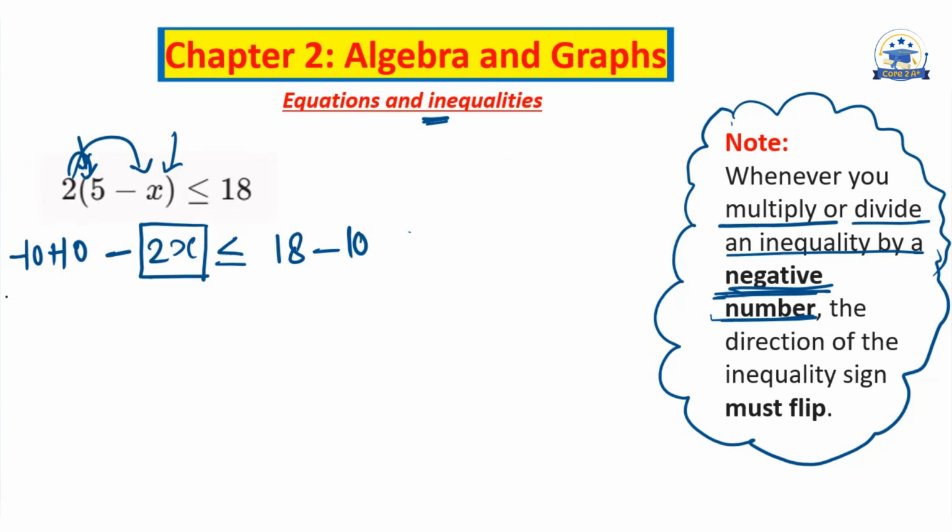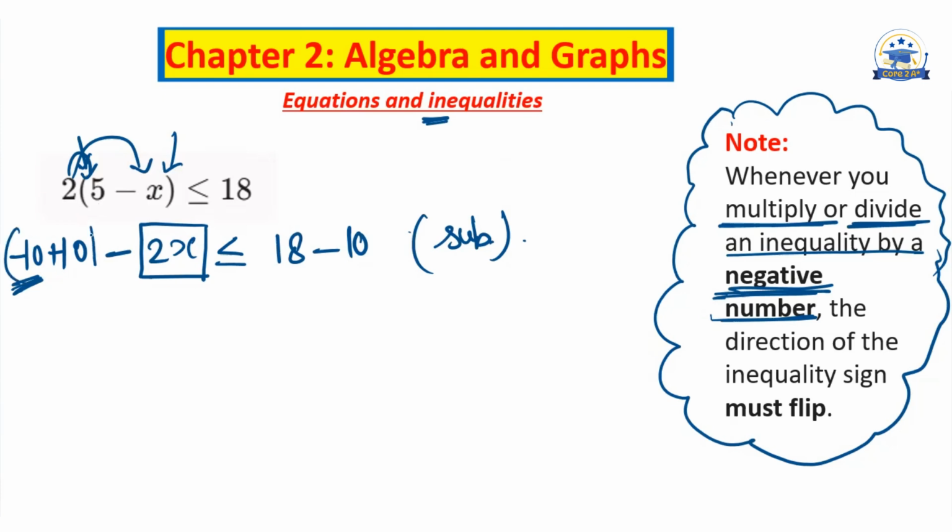And what I said was if you multiply or divide, but this time we are subtracting. This is not multiplication or division. Here we are subtracting, so the symbol will remain the same. There will be no change in this inequality.